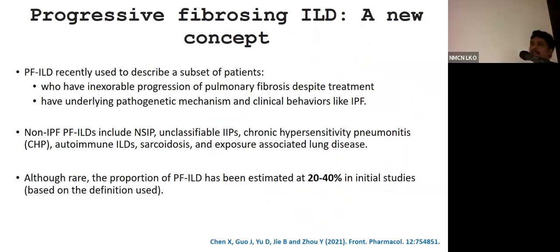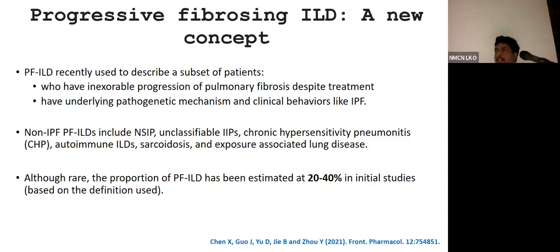So the next very important concept in ILD is called PF-ILD, or progressive fibrosing ILD. PF-ILD is recently used to describe a subset of ILD patients who have inexorable progression of pulmonary fibrosis despite treatment, and have underlying pathogenetic mechanisms and clinical behaviors like idiopathic pulmonary fibrosis.